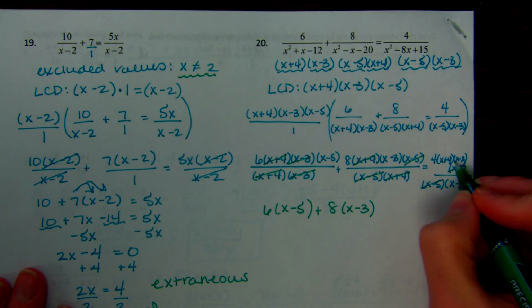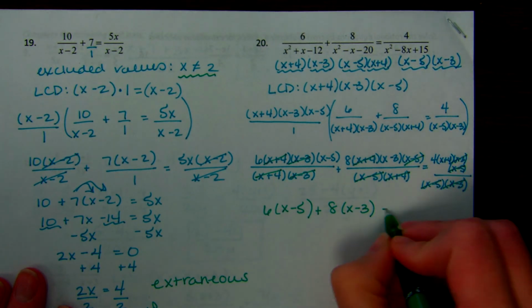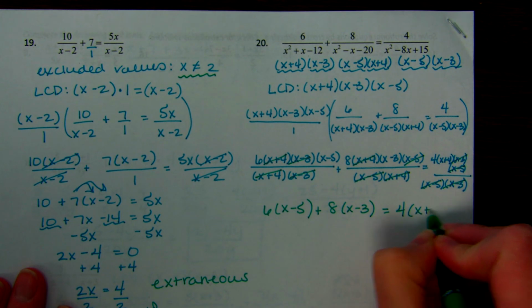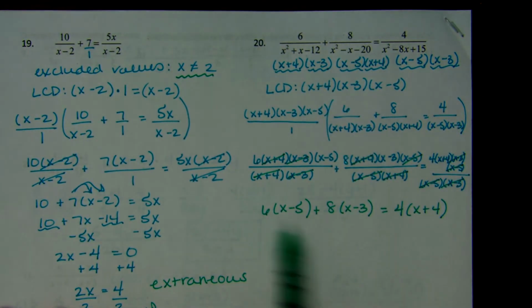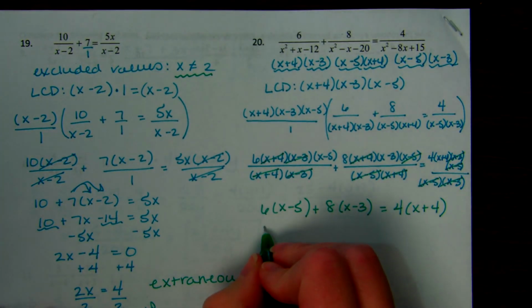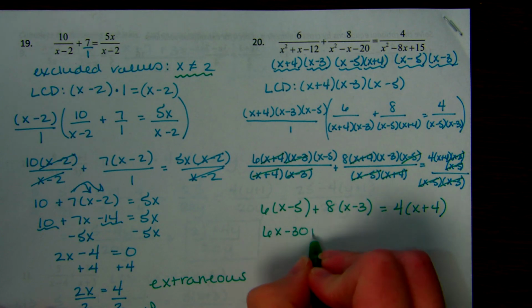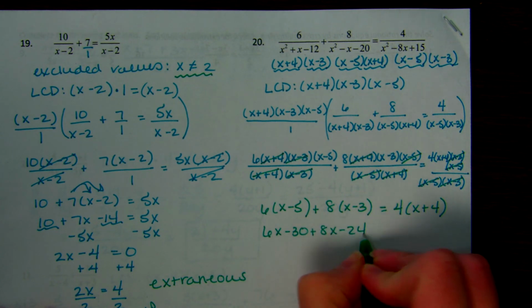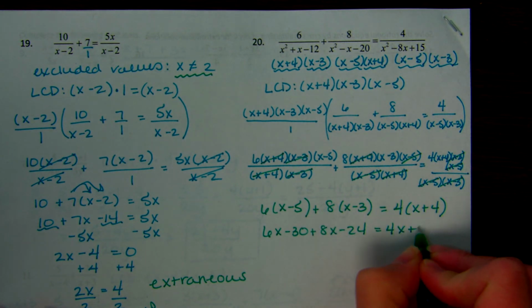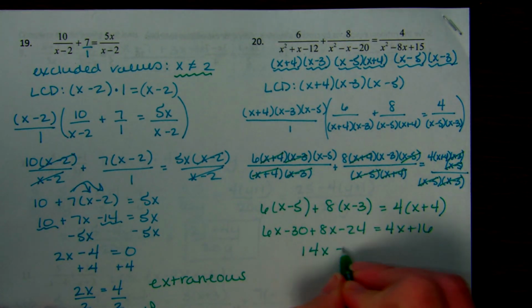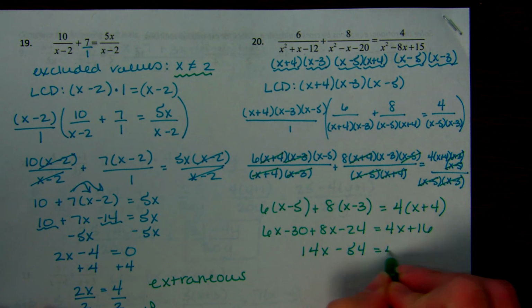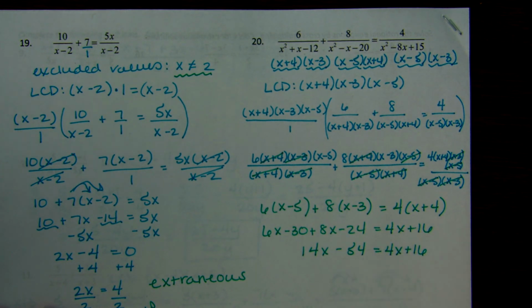And then x minus 5 and x minus 5, x minus 3, x minus 3. That's equal to 4 times x plus 4. And so look, this crazy pants complicated equation comes down to just this right here. This is 6x minus 30 plus 8x minus 24 is equal to 4x plus 16. So that's 14x minus 54 is equal to 4x plus 16.